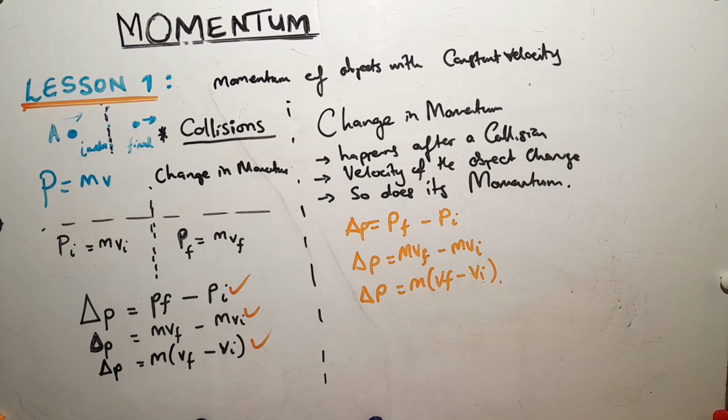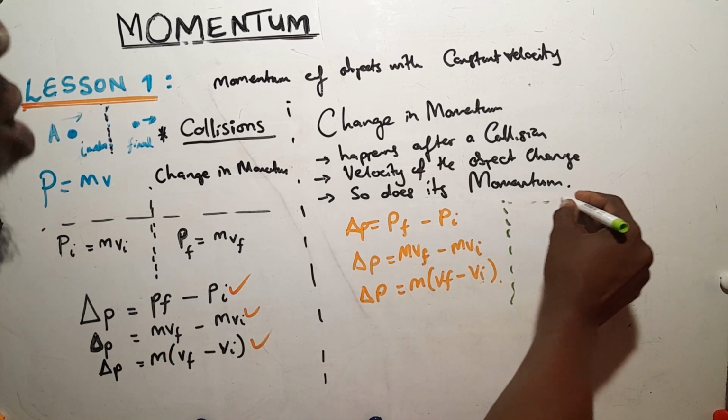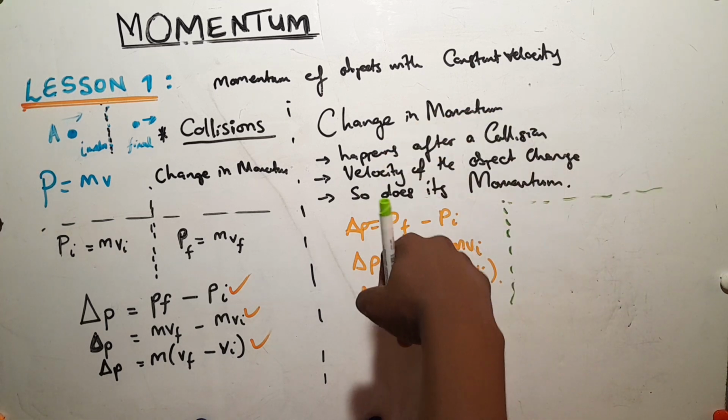So now I will talk about something that is very, very important when we're dealing with this. Remember in the first section when we were talking about just momentum, I didn't talk much about the direction. I was just taking the direction after calculating the momentum. But now, before calculating the change in momentum, we have to do something we used to do with vectors.